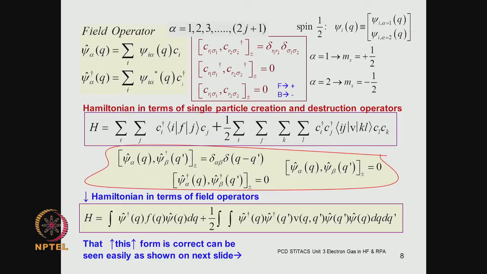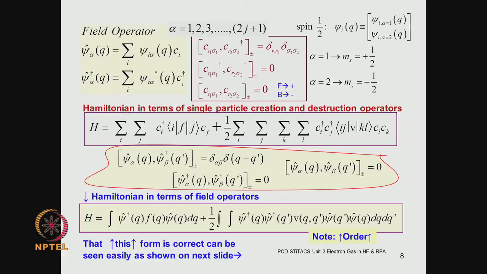Now, we can very easily show that these two forms are completely equivalent. Both are second quantization forms, except that the first one is in terms of the single particle creation and destruction operators, and the one at the bottom is in terms of the field operators. These two are completely equivalent, and that is more or less obvious, but we can see it explicitly in the next slide.